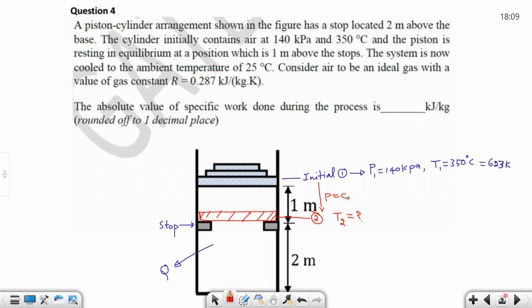If you take the free body diagram of this piston at the initial position, a massless piston, you have atmospheric pressure into area acting downward, and you have an inside pressure P1 into A. So there is no other variable.